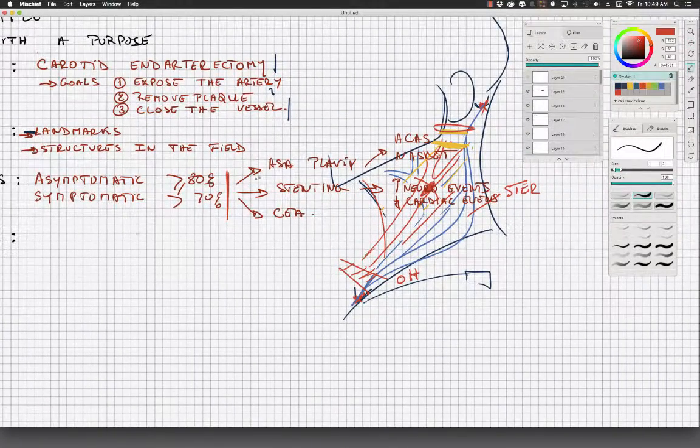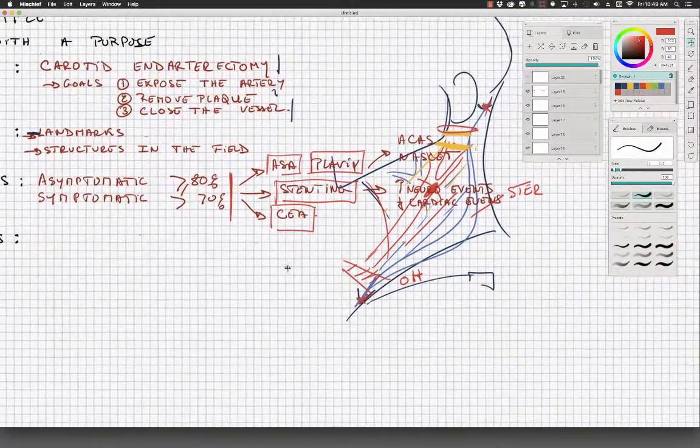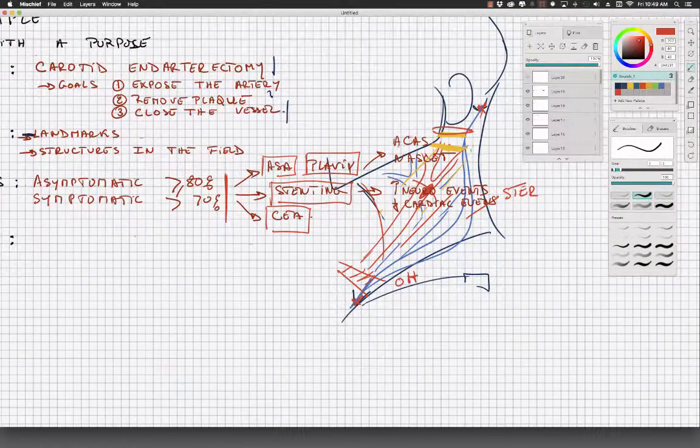The option would be conservative management, so aspirin and Plavix, stenting, which would be the minimally invasive procedure, or carotid endarterectomy. So why did we choose this procedure in this patient? Well, there is a couple trial, ACAS and NASCET, that showed that there's a benefit of carotid endarterectomy over medical therapy in this patient population.